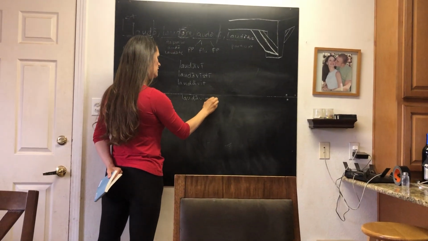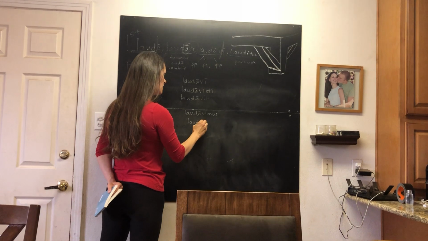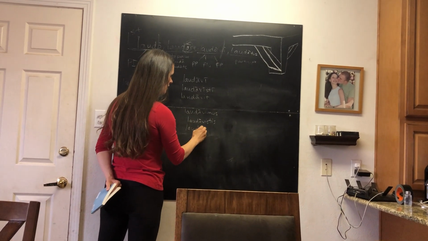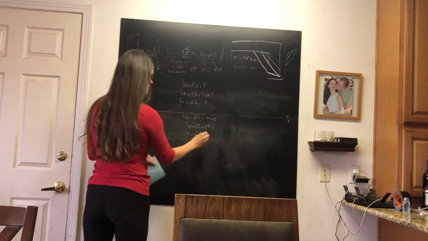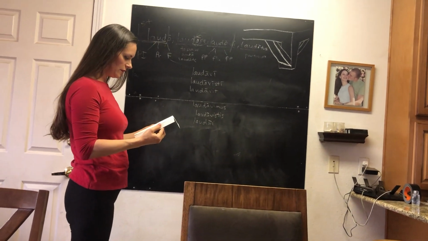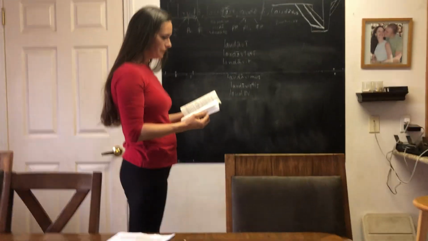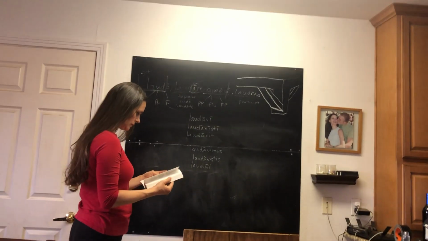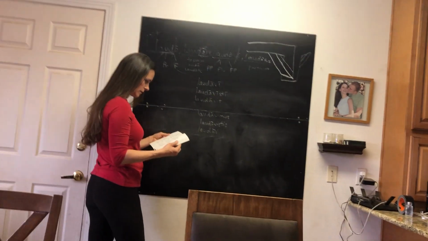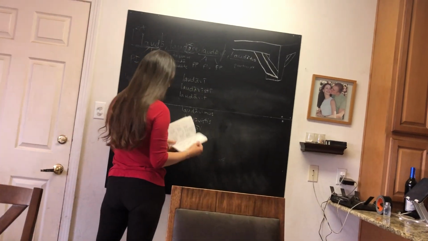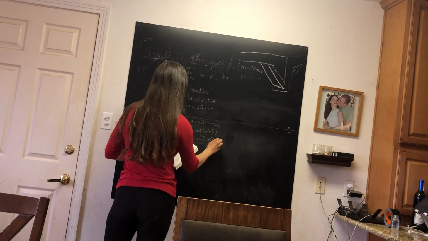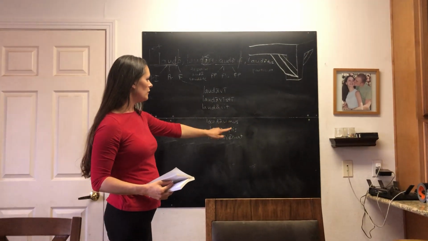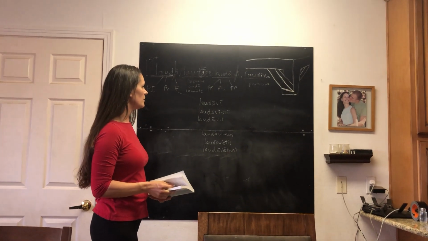Laudavimus, laudavistis, let me double check, I think it's erunt, laudaverunt. So our new endings are i, isti, it, imus, istis, erunt, in the past perfect.